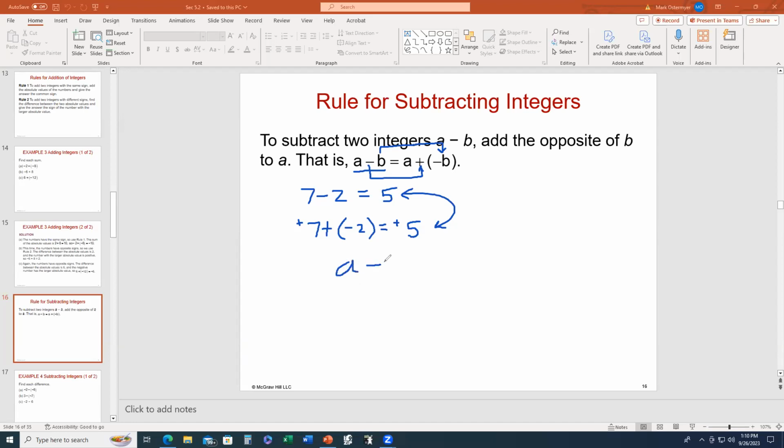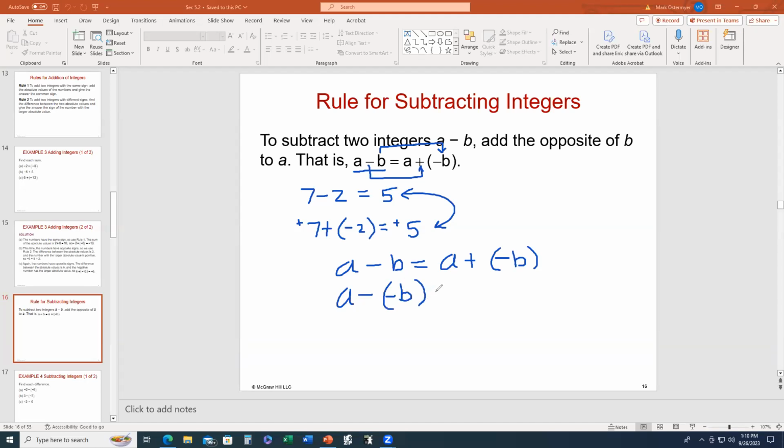Let's look at that again. If I take some number A and subtract off some number B, this is equivalent to taking number A and adding to it the opposite of B. What's the opposite of B? Negative B. Now watch this. What if I have some number A and I subtract off some number called negative B?